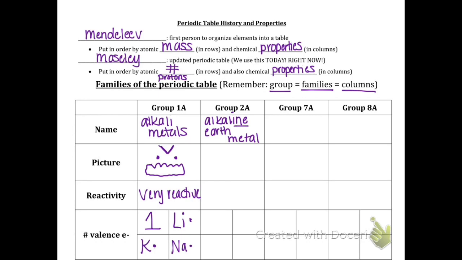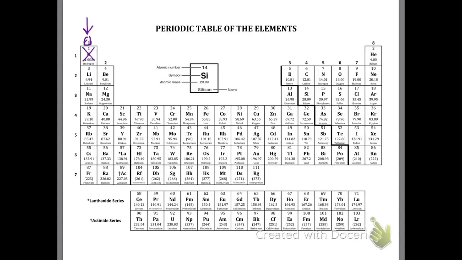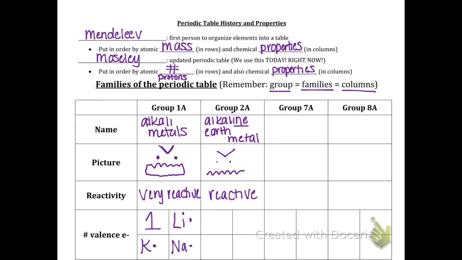They are pretty reactive as well, but not as reactive as your first column, your alkali metals. So we'll make him a little less angry, but he's still reactive. So if you look here, your alkaline earth metals are in the second column. All from beryllium to radium are your alkaline earth metals.